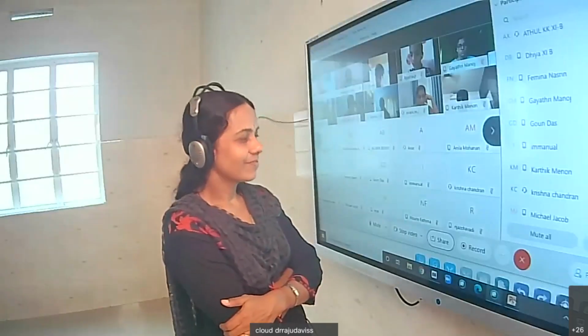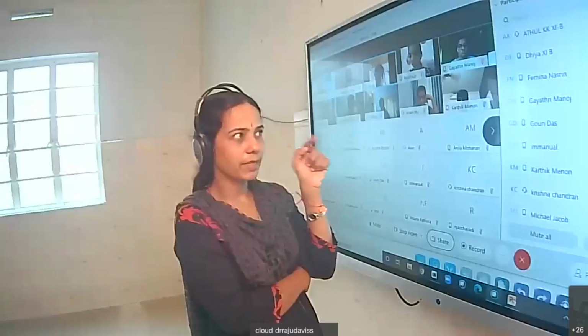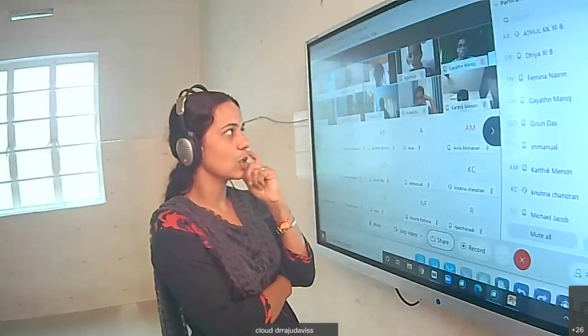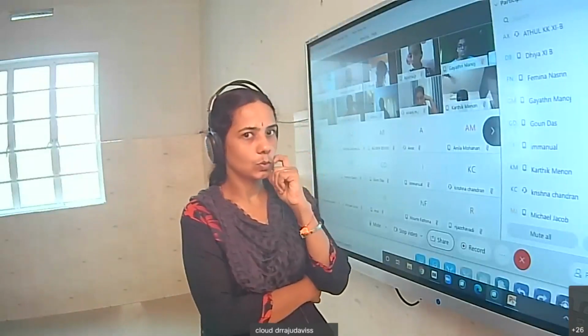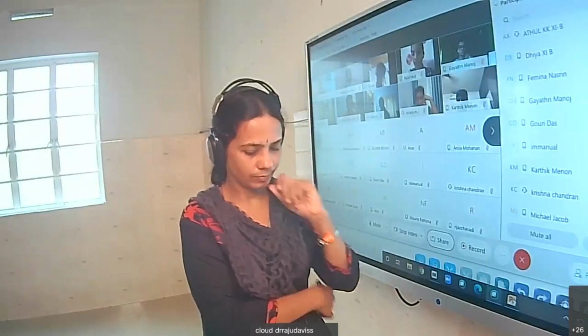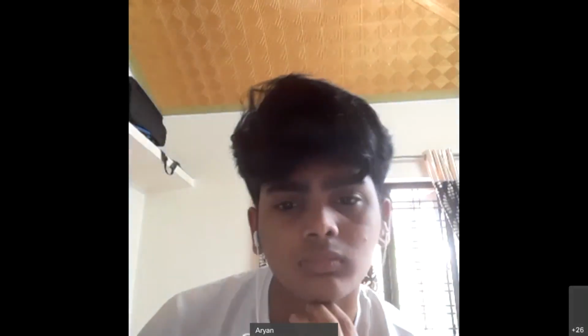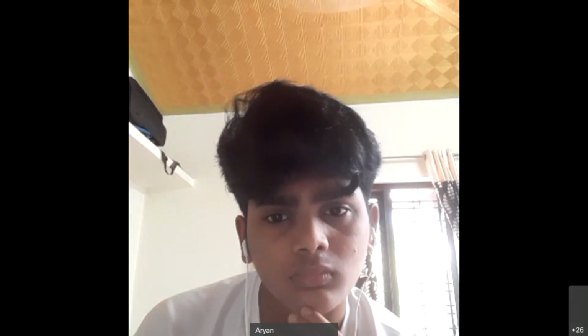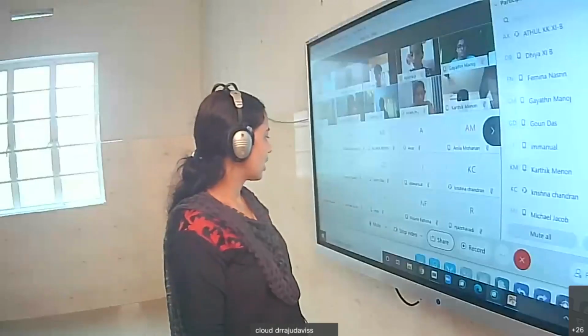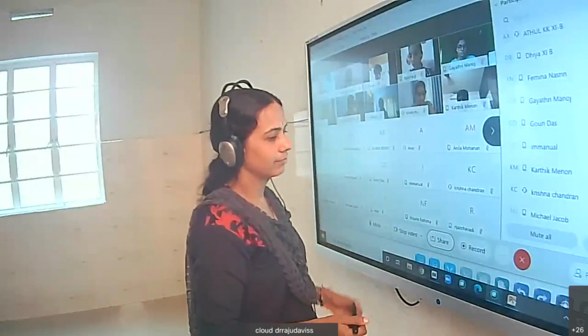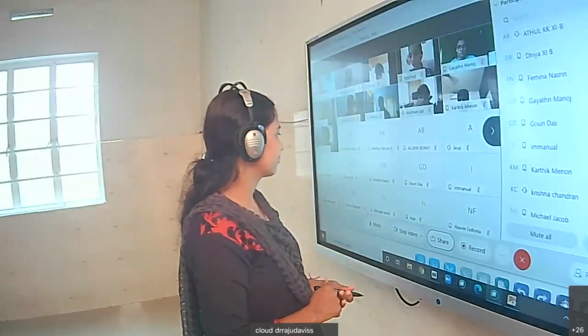Then limit theta tending to 0 of sine theta is equal to sin 0, which is 0. Then cos theta is equal to 1. And tan theta upon theta is equal to 1. Adil, get ready. Can you give?